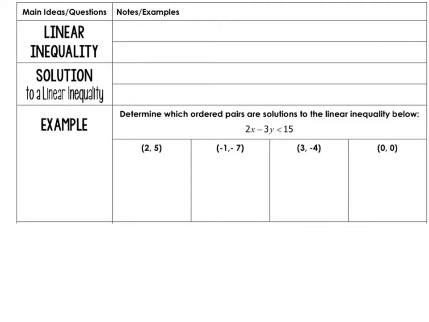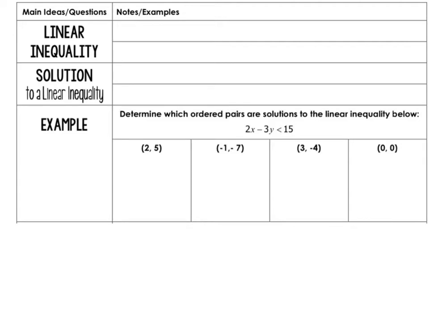So we get 2 times 2 minus 3 times 5 should be less than 15. So we get 4 minus 15 is less than 15, and negative 11 is less than 15, right? That's true. So yes, this coordinate 2, 5 is a solution to this linear inequality.